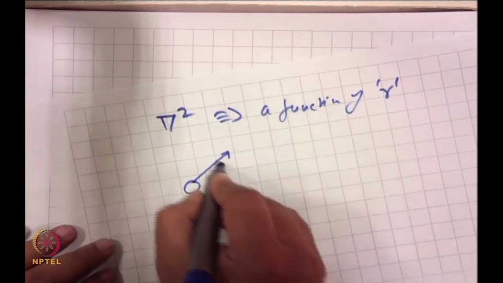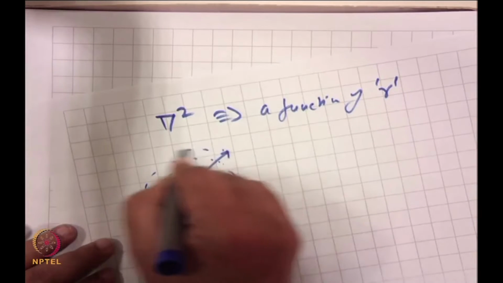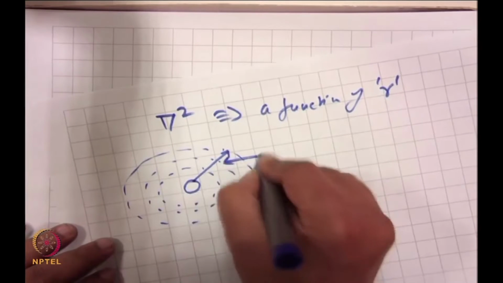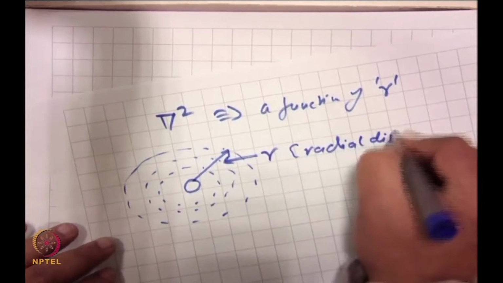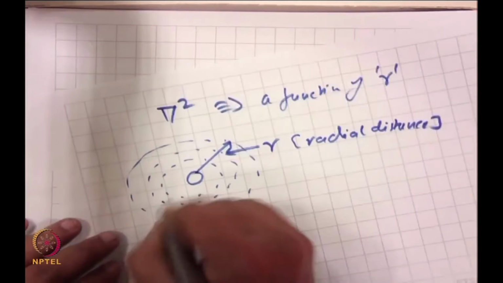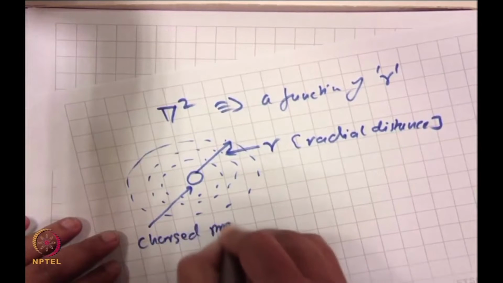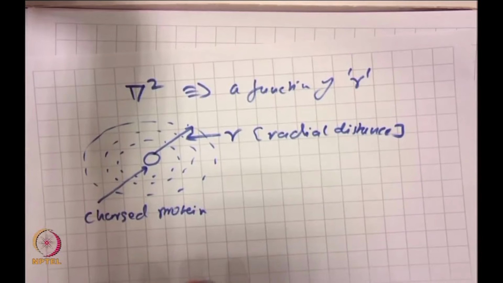That means your charges are spherically distributed like this, and this is essentially r, which is the radial distance, and in the middle what you have is your charged protein. Again, no theta and phi dependence. This helps us simplify the problem a little bit.